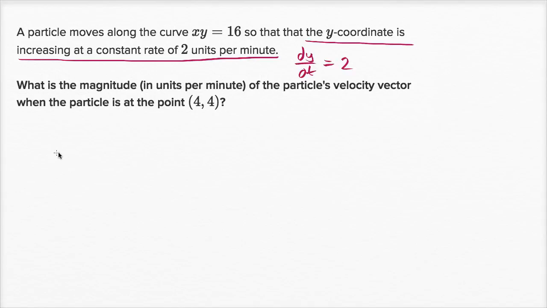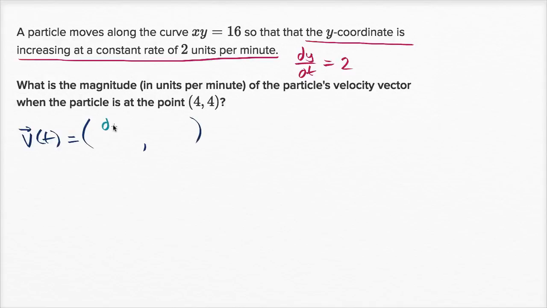So let's see what's going on. Let's first just remind ourselves what the velocity vector will look like. Our velocity is going to be a function of time, and it's going to have two components: the rate of change in the x direction and the rate of change in the y direction.